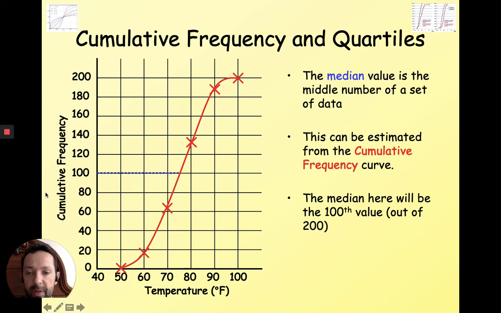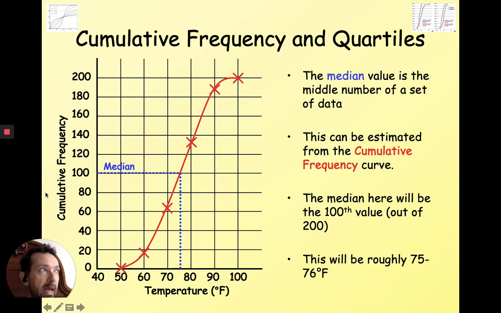So our 100th piece of data is roughly 75, 76, something like that. Again, this is an estimate because that cumulative frequency curve is just a guess. We don't know if it's actually accurate. This is just an estimate.